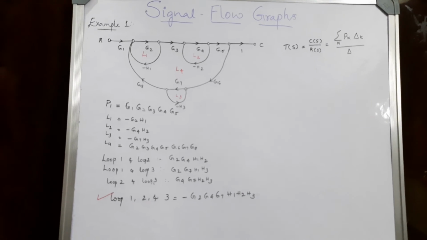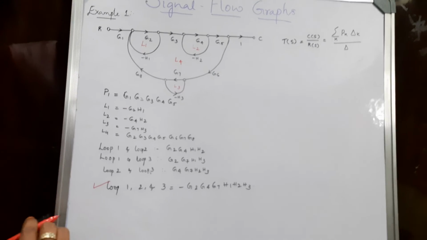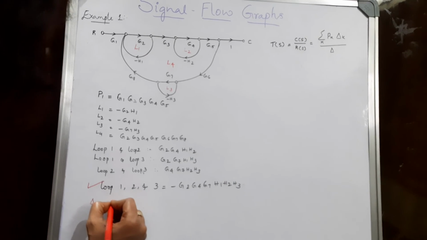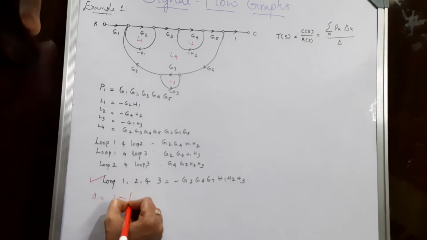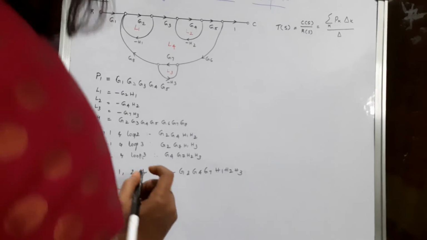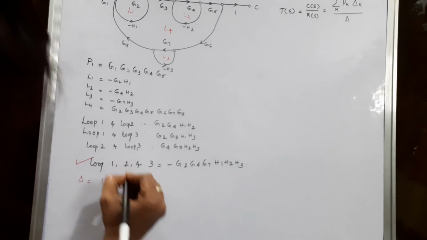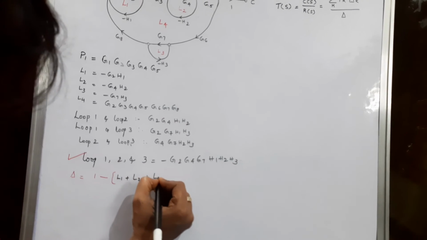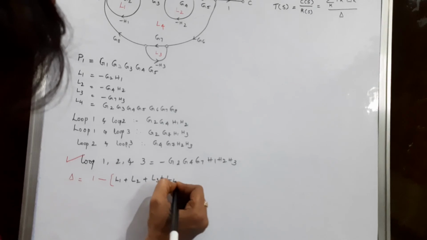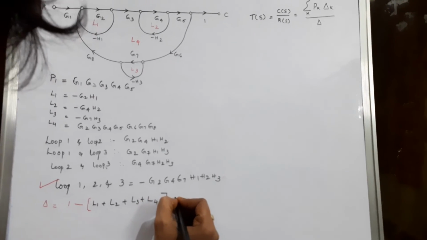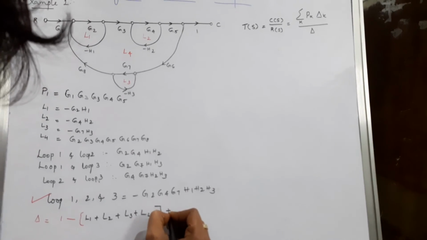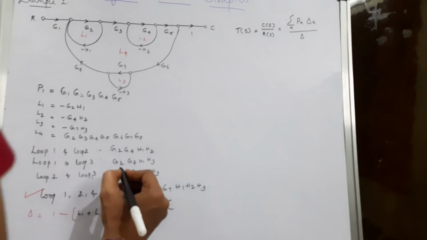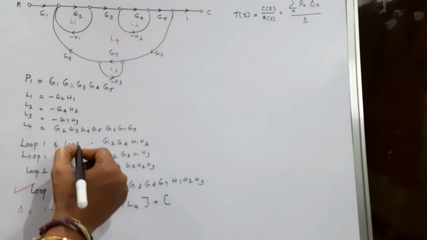Finally, we have to find out delta here. So delta by definition is 1 minus summation of loops. So we have 4 loops, L1 plus L2 plus L3 plus L4. Then we have plus summation of non-touching loops taken 2 at a time.